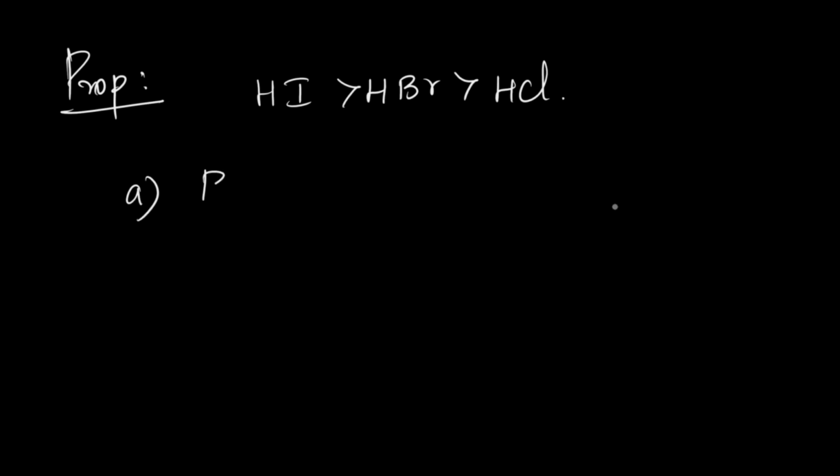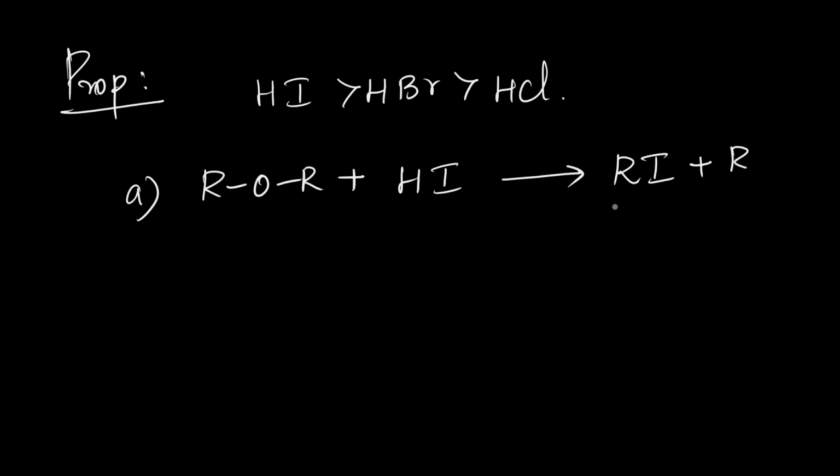The rate of these reactions will be, HI will be more when compared to HBr and HCl. For example, if I am taking ROR with HI, it leads to the formation of RI with ROH.